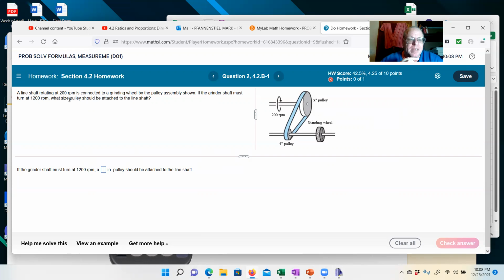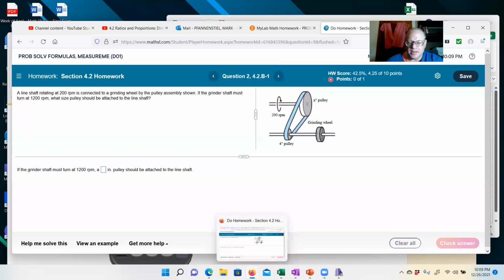But we have a line shaft here. This is our line shaft, 200 RPMs, attached to a grinding wheel down here, by the system shown. And they said if the grinding shaft must turn at 1,200 RPMs, what should be the size of the pulley on the other end here?